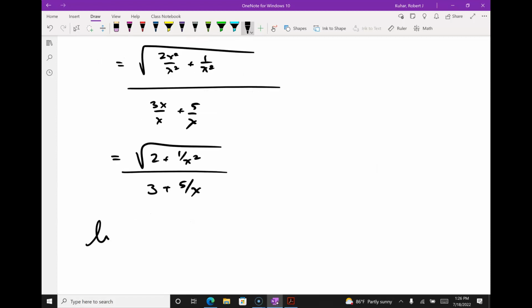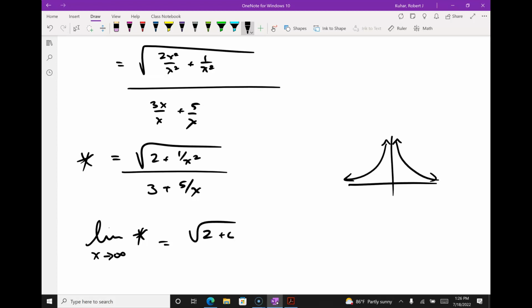So I have a theorem already. As x goes to infinity, what happens to 1 over x squared? Where does it go? 0. Where does 5 over x go as x goes to infinity? 0. So I get the square root of 2 plus 0 over 3 plus 0, so the square root of 2 over 3.